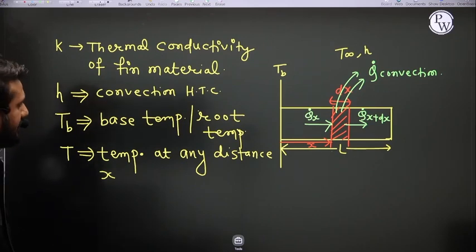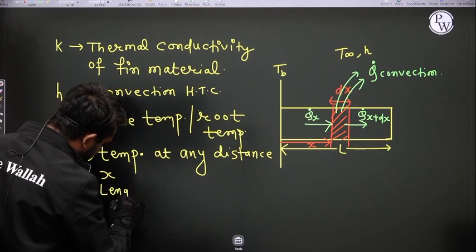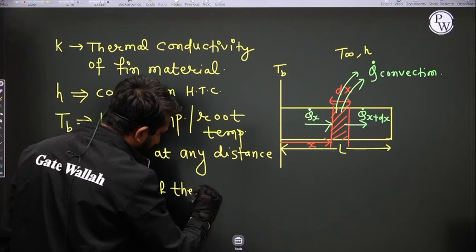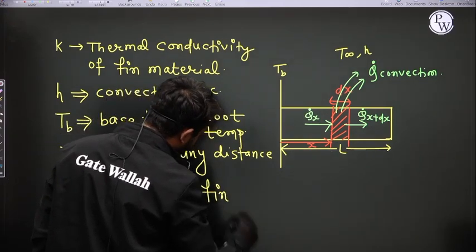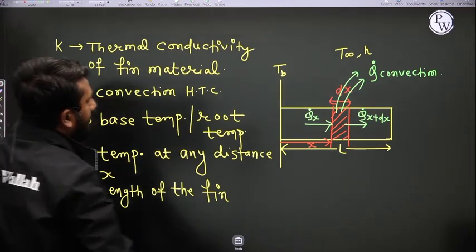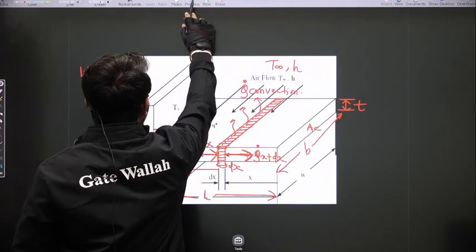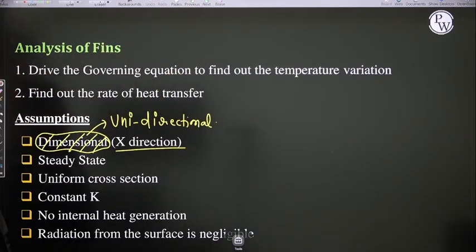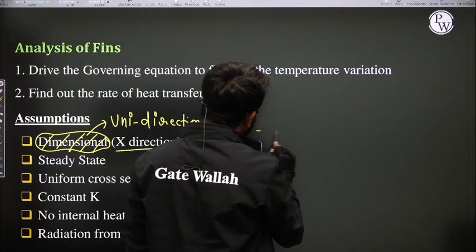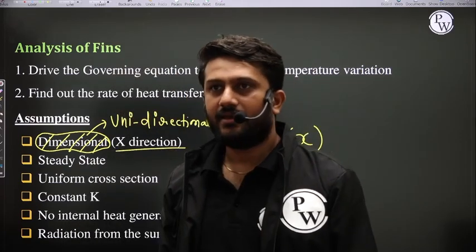L is the length of the fin, right? Now see, considering all these assumptions, I can say that temperature is only a function of x, because it is one dimensional.